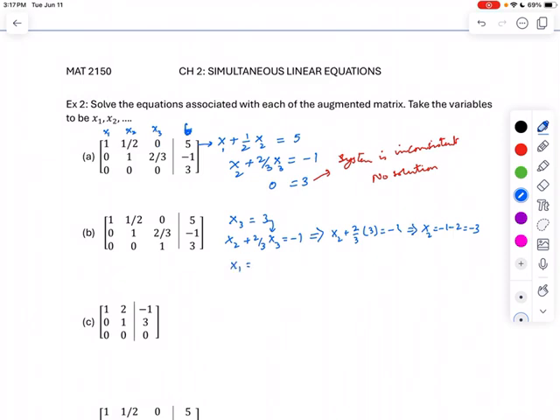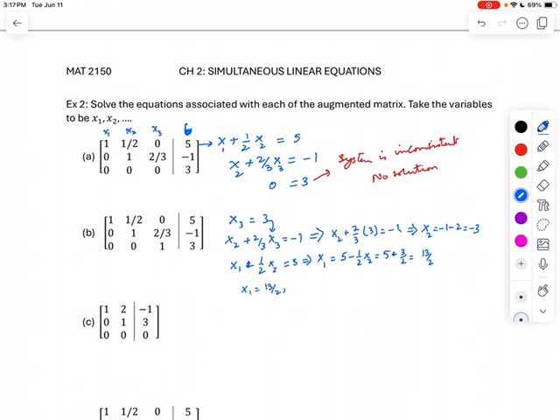So we got x3, x2, and now x1. The equation for x1 is x1 plus 1/2 x2 is equal to 5, which means x1 is equal to 5 minus 1/2 x2. Well, x2 is negative 3, so we get 5 minus negative 3/2, or plus 3/2, which gives me 13/2.